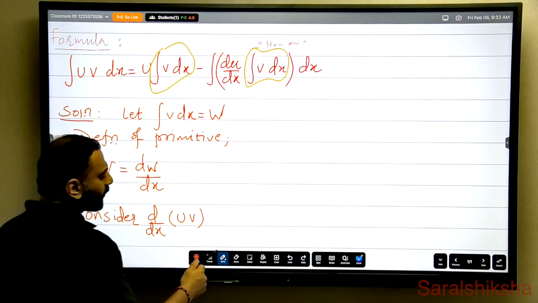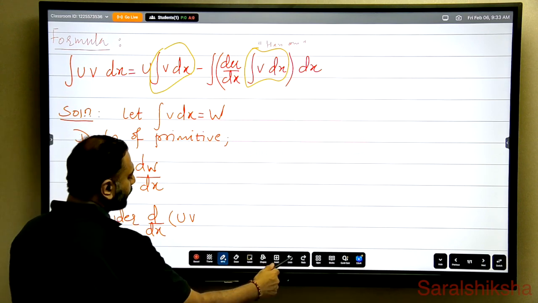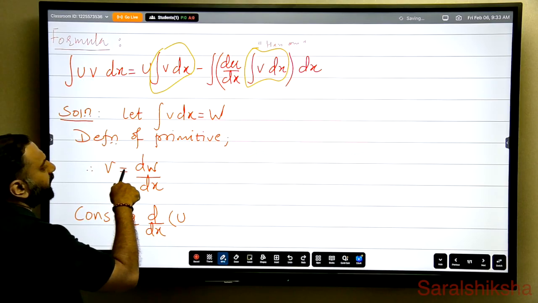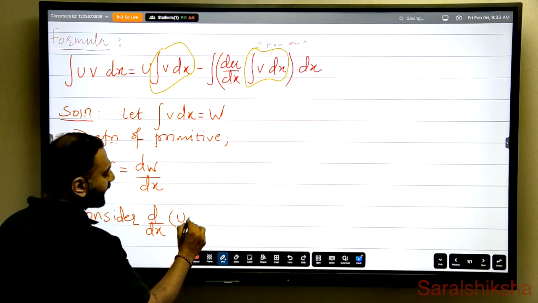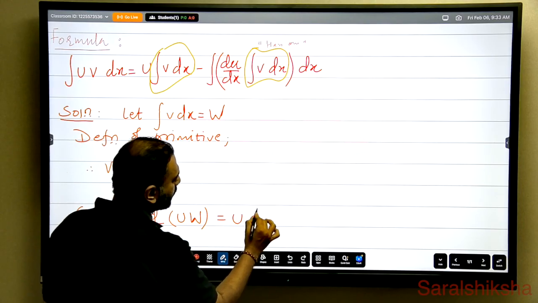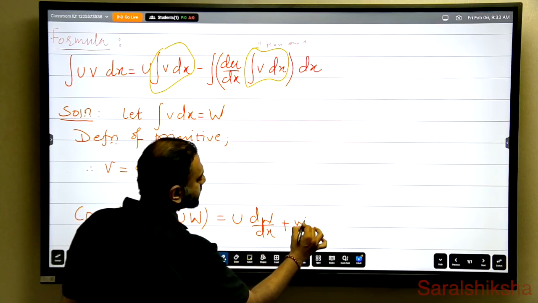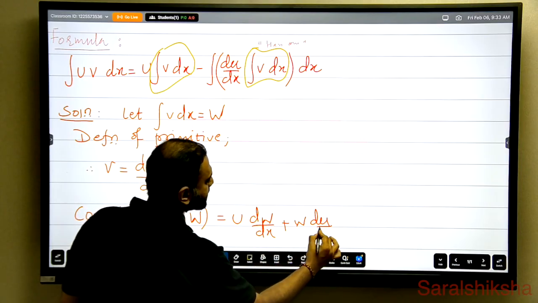We know this formula, it is u dv by dx plus v du by dx. But because we have resubstituted v in terms of w, we will take the derivative of uw. What will that be? u dw by dx plus w du by dx. Are you all getting this?